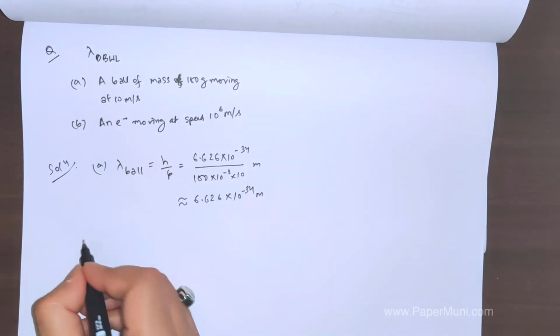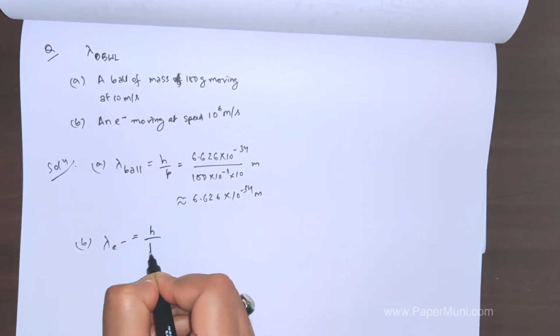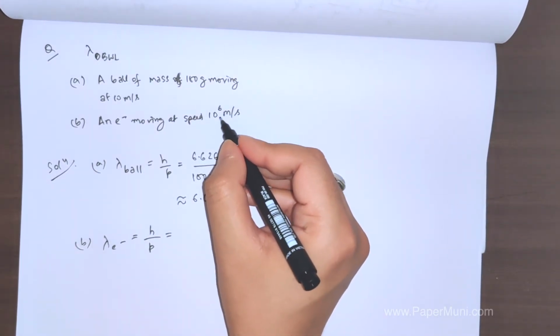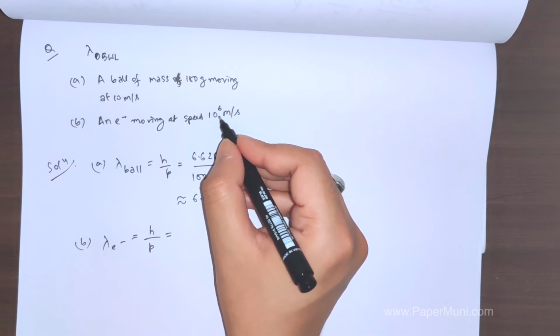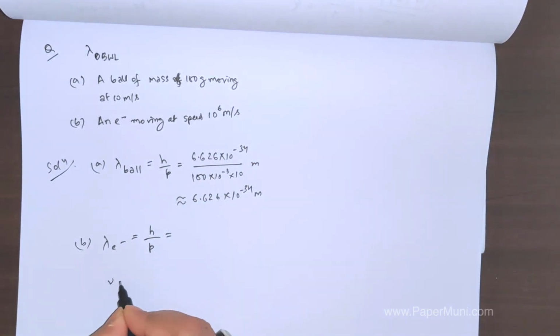All right, and similarly, let's calculate the de Broglie wavelength of the electron. In this case the speed is 10 to the power 6, which is about one hundredth of the speed of light. So we can safely use the non-relativistic formula, since v is almost c by 100.